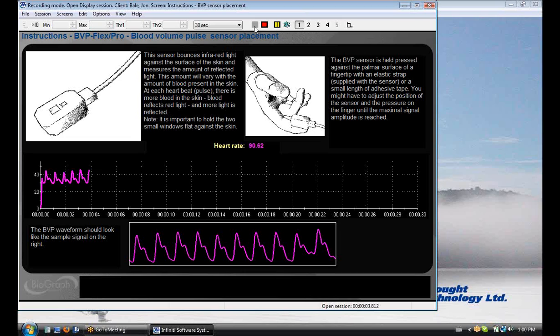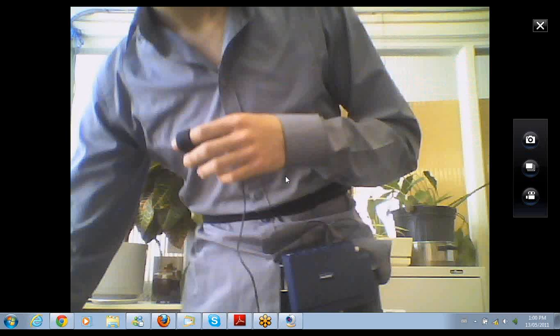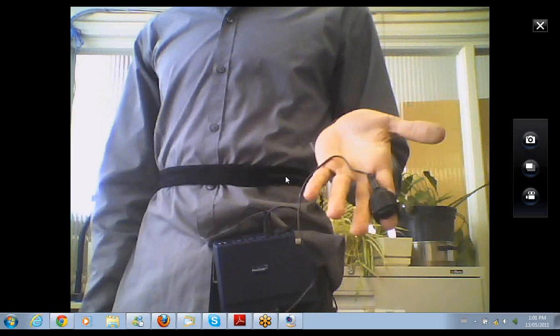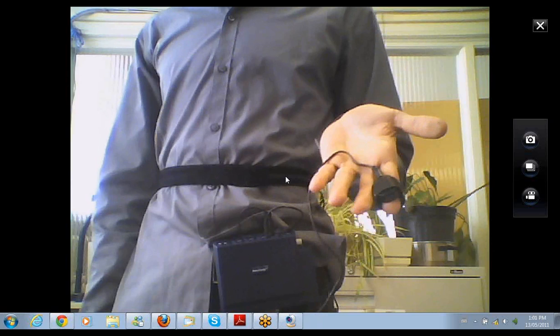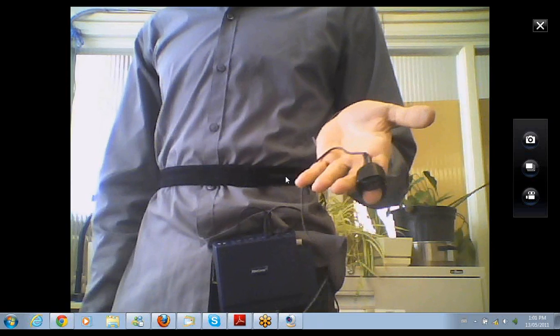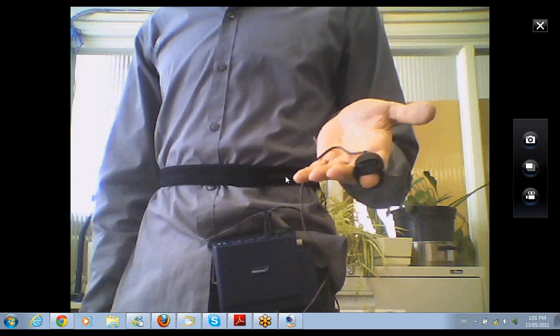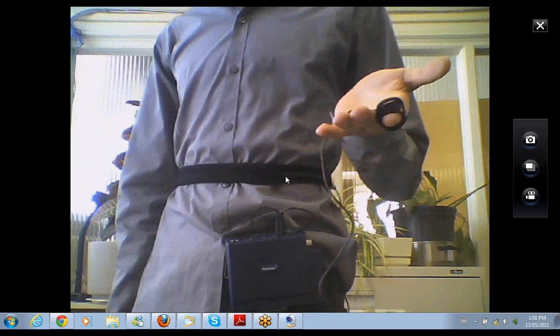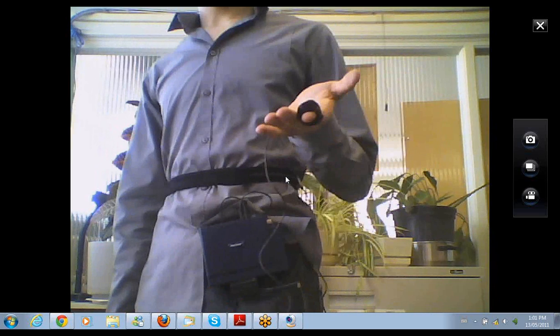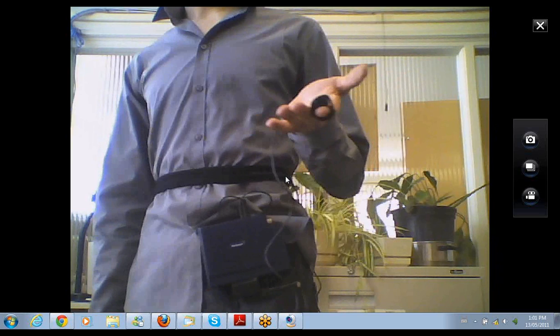Dawood has the abdominal sensor placed around his midriff, and he's showing the BVP sensor in his hand on his left forefinger. You can also see the encoder just neatly tucked away in Dawood's belt, just below the respiration belt. Thanks, Dawood.